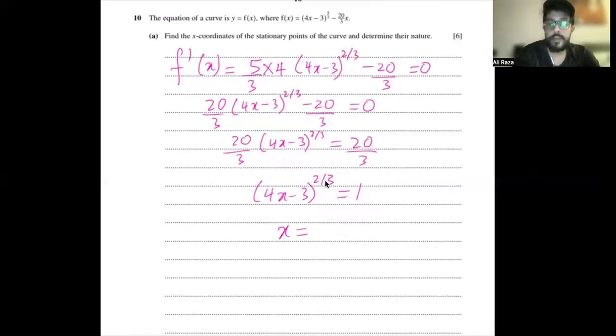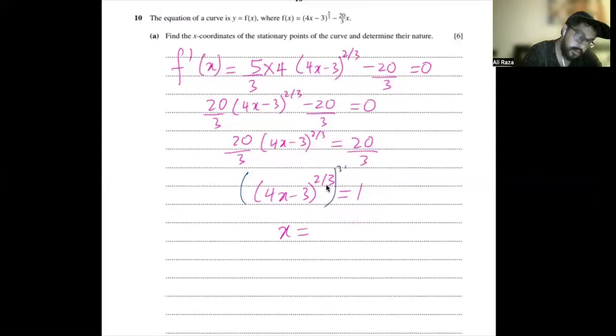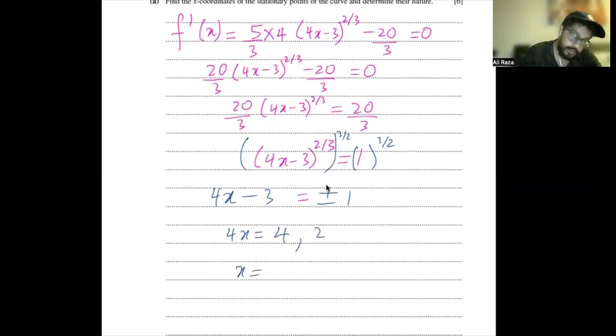We have a power of 2 over 3 over here, so we'll take power 3 over 2 on both sides. So 4x minus 3 would give us the value plus minus 1. Or x is equal to (3 plus 1) over 4, and (3 minus 1) over 4. x is equal to 1 and x is equal to 0.5.